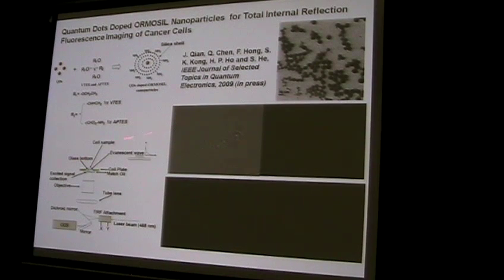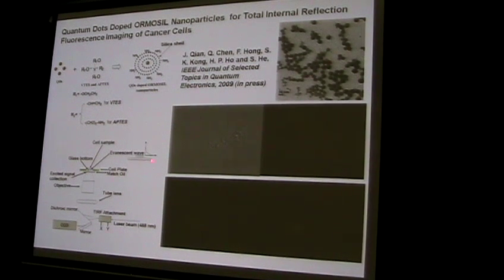And instead of just testing in a tube, we can also do the bioimaging using total internal reflection fluorescence microscopy.